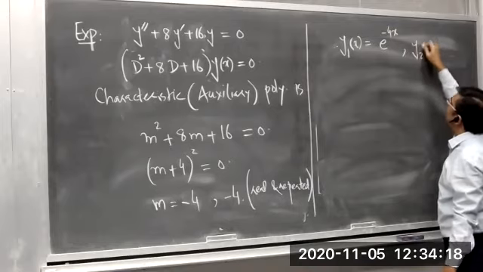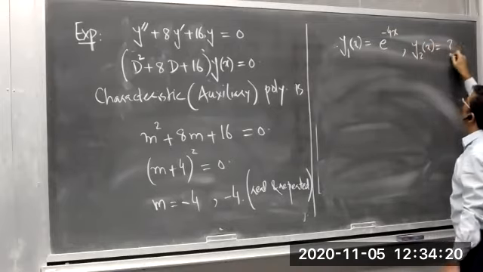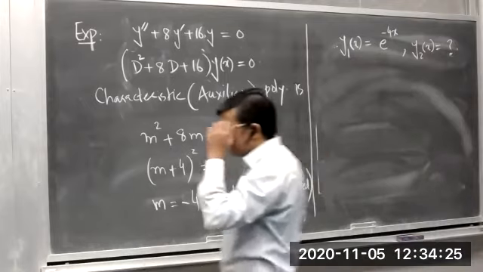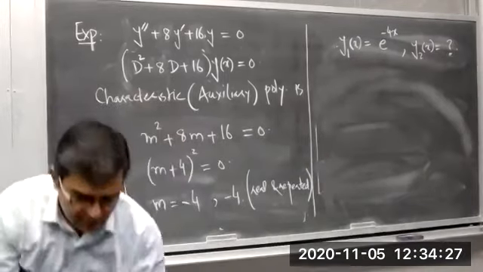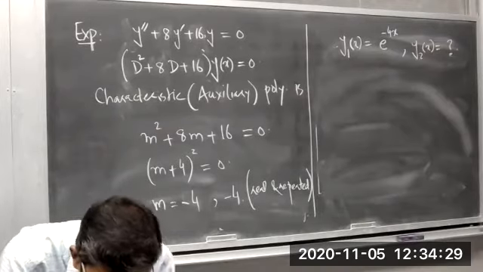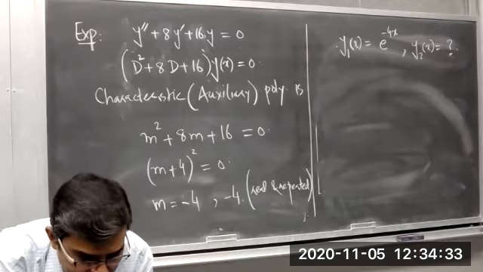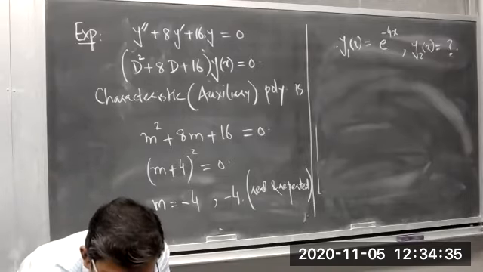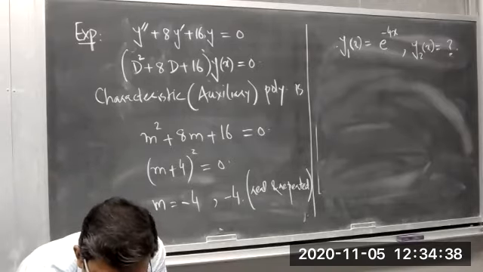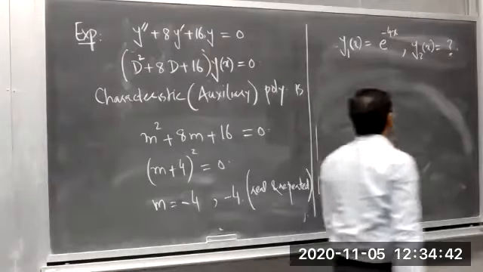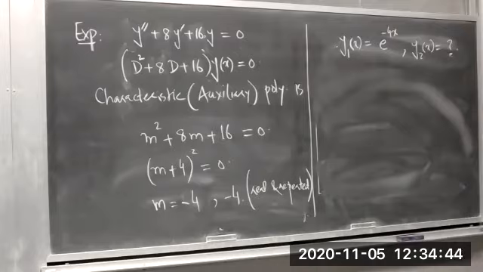How can we find the second solution? Can anyone tell me, please? I told you in the previous lecture. Yes, from Daniel, we can use the method of reduction of order. So what was that method?